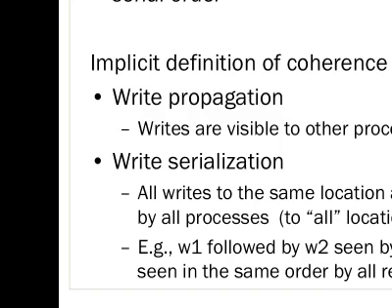Whenever we write, let's call it a local update, we want this update to be visible to all other processors. And also write serialization. All writes to the same location are seen in the same order by all the processors. Okay. And for all the locations, in that case we'll call it write atomicity.